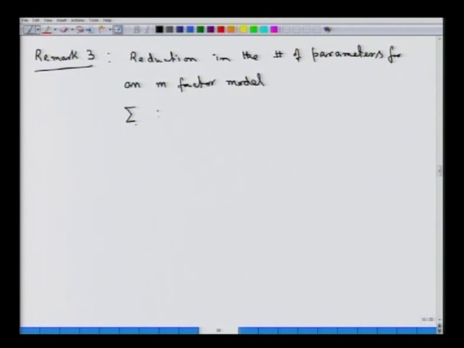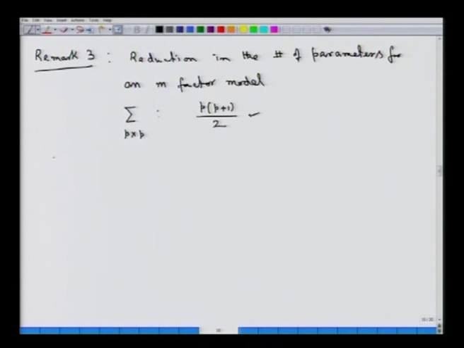So, we start with this sigma matrix. This is a p by p matrix, a symmetric matrix. So, the number of distinct elements in sigma is p into p plus 1 by 2, which is the diagonal plus the upper or the lower entries.